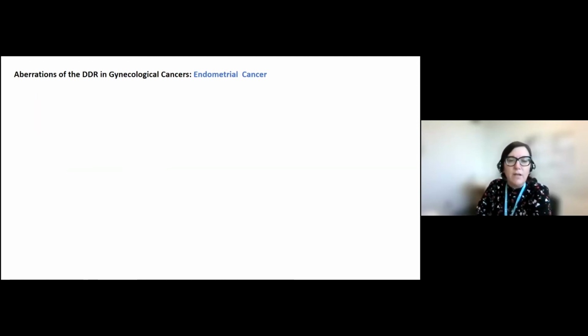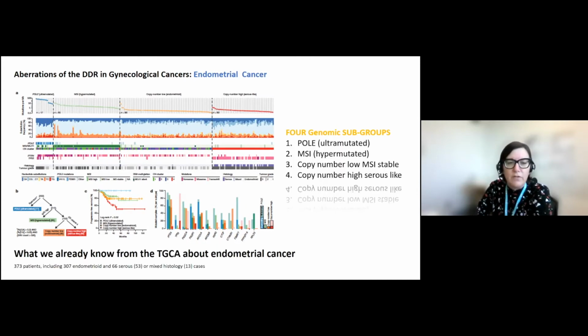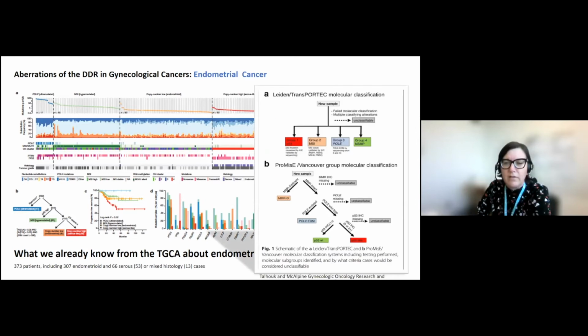If we look at endometrial cancer, everybody knows this has been well developed and established as part of the group here, led by Jessica, in terms of the genomic subgroups in endometrial cancer and the ProMisE molecular classification. And we're doing mismatch repair deficiency testing and p53 mutation testing, hopefully as standard in these cancers, or we should be, and POLE mutation testing is hopefully coming.